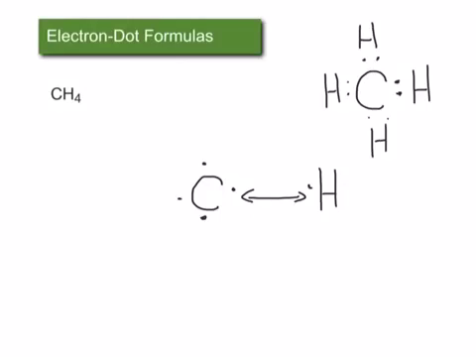Okay, and so that is our electron dot formula or Lewis structure for methane. We can also draw these with each pair of dots being represented by a line. That line represents 2 electrons. Okay, so methane can be written like either of these 2 ways.